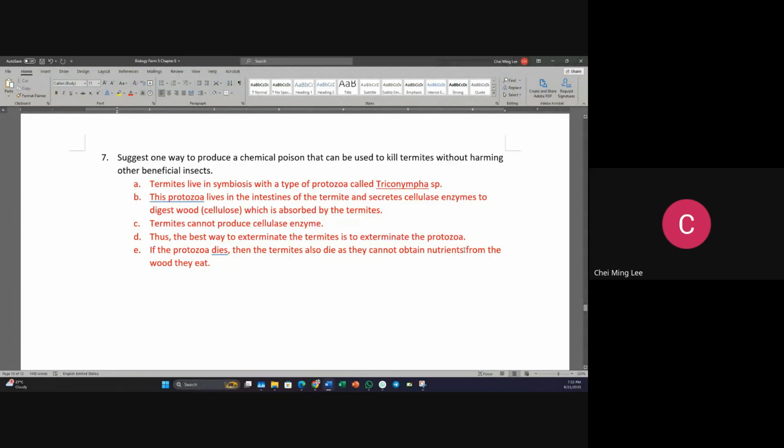Okay? Correct? To exterminate the protozoa. They didn't mention it here. Your textbook doesn't mention it. If you want to say something about that, there is a poison. I forget the name already.